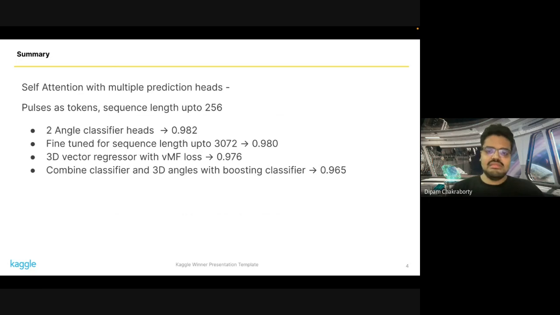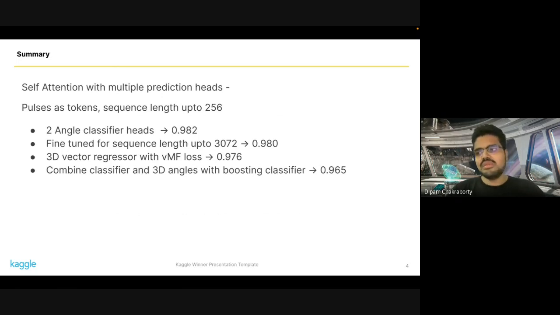There were, as I said, the classifiers and then the 3D vector regressors. Slowly combining them actually started improving the scores. Just with the classifier, I was able to get to 0.982, which was maybe 10th or 11th on the leaderboard.